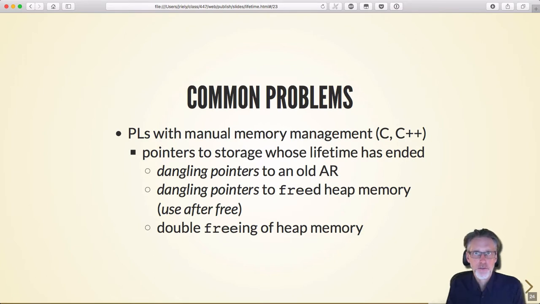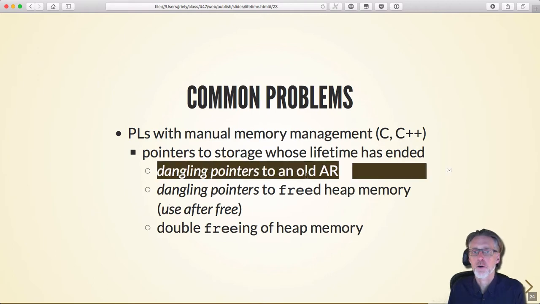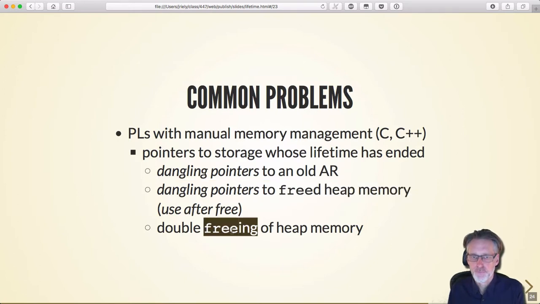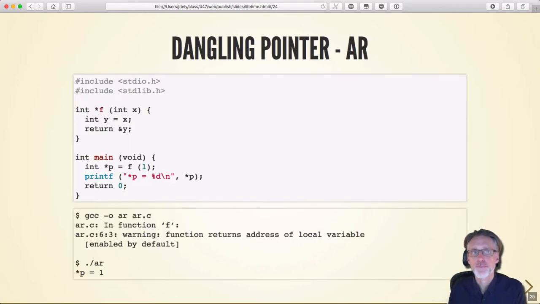So we've seen some of this already in our early homeworks and in terms of the undefined behaviors of C. And I'll show you a few more examples here. So we might have dangling pointers into an old activation record, dangling pointers into freed memory, or we might free memory multiple times, which can get us into trouble.